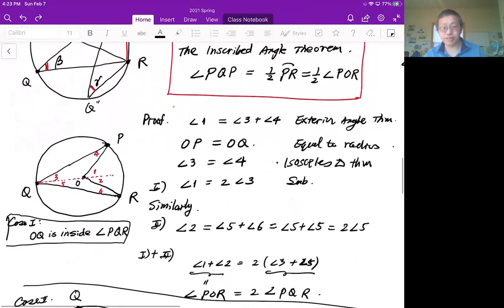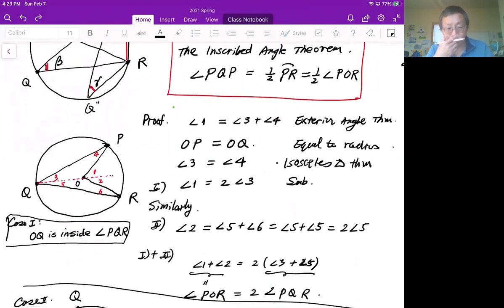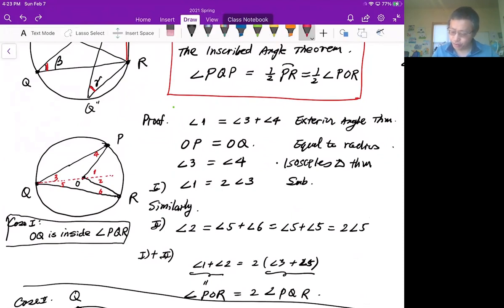All right. So the proof is that, first of all, angle 1 is the same as angle 3 and 4. Why? It's just the exterior angle theorem. And because this triangle is isosceles, OP equals OQ, and then angle 3 is angle 4.